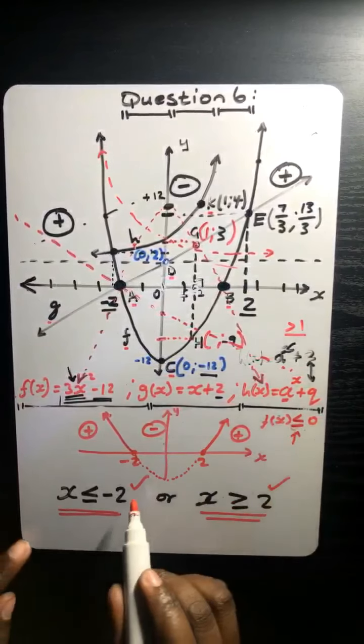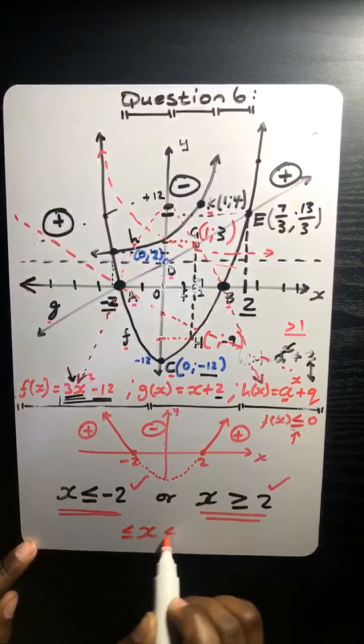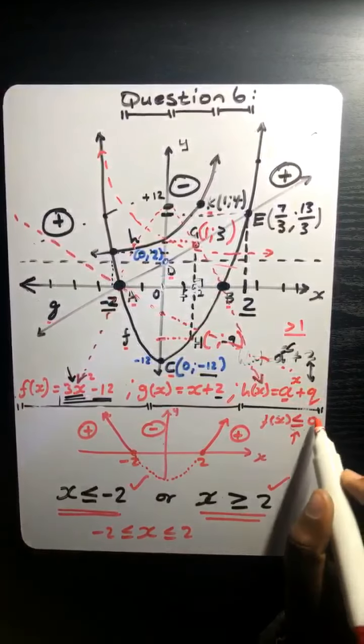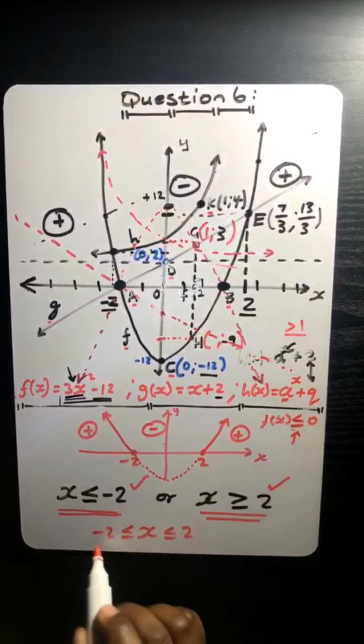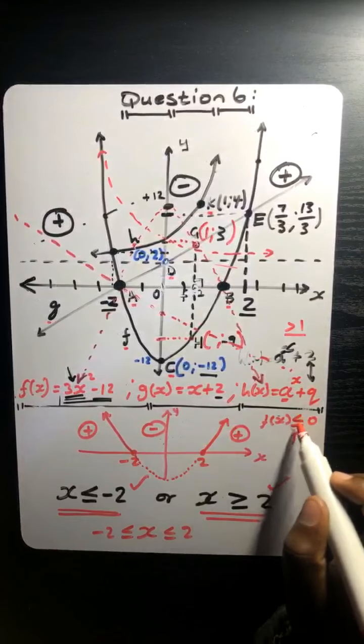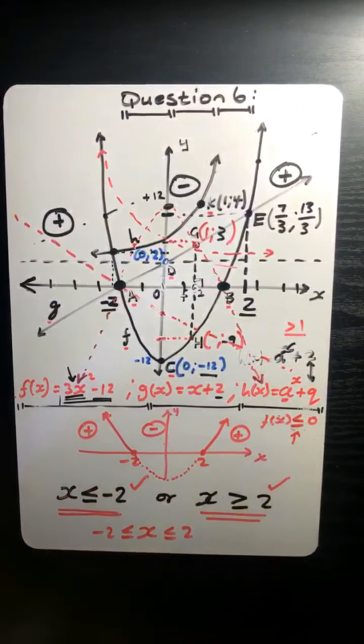So that means you say that's where x is between -2 and 2. So if the question asked less than or equals to, you're going to write it like this. But if it is the one for greater than, then this is how you answer that question.